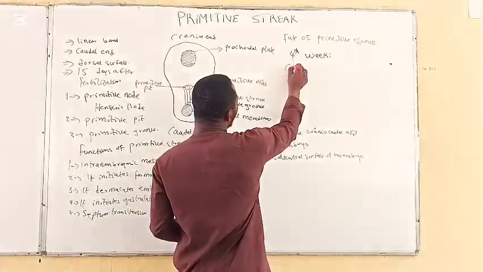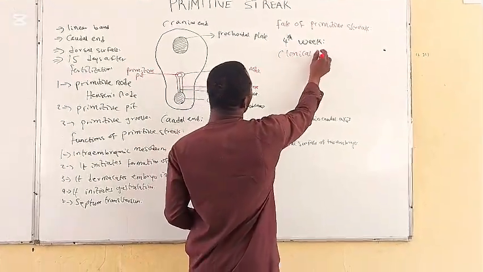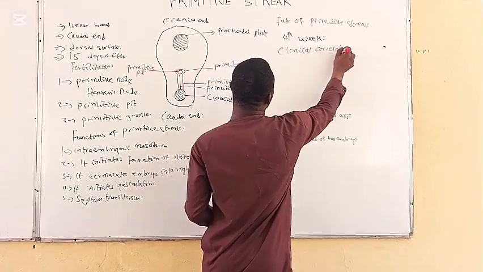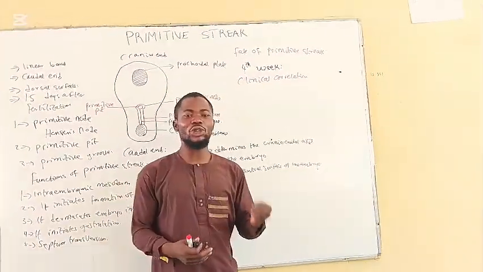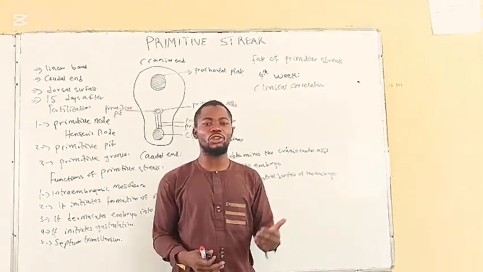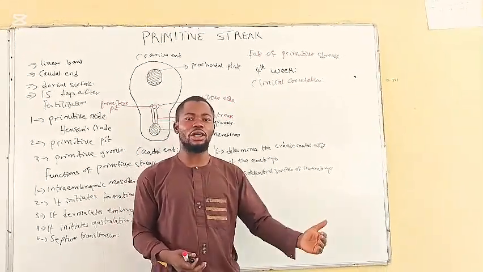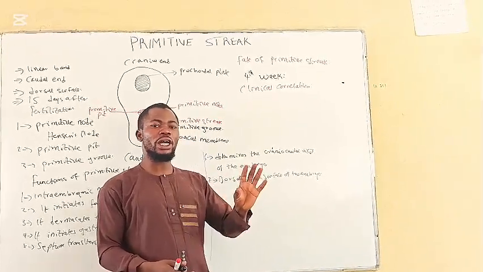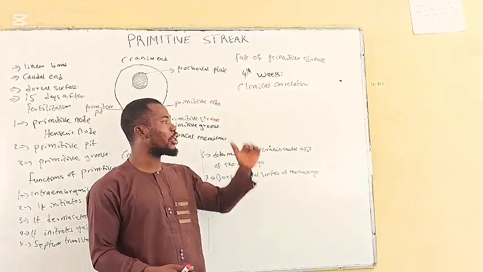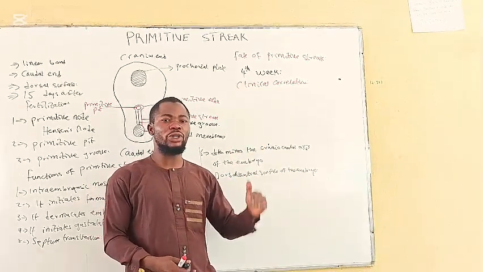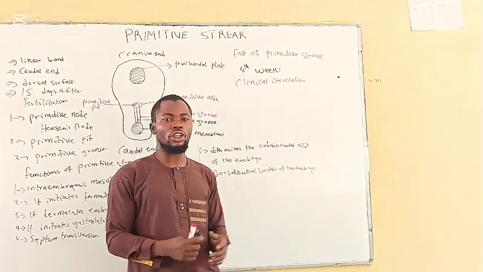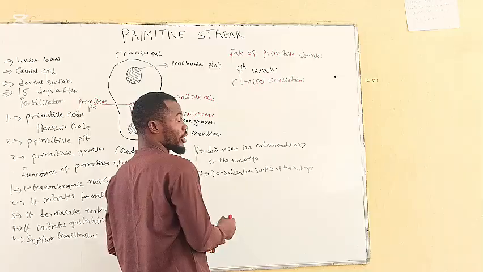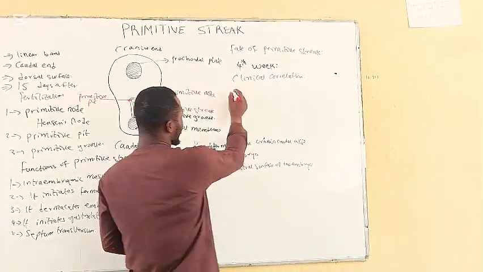Next is the clinical correlation. It arises if the primitive streak fails to disappear at the end of the fourth week. If it fails to disappear at the caudal end, it will develop a tumor called sacrococcygeal teratoma.